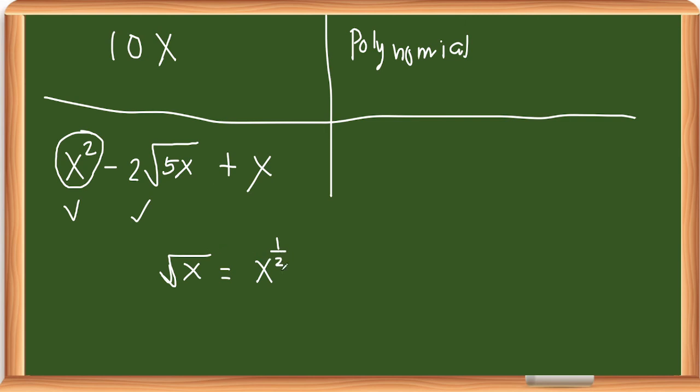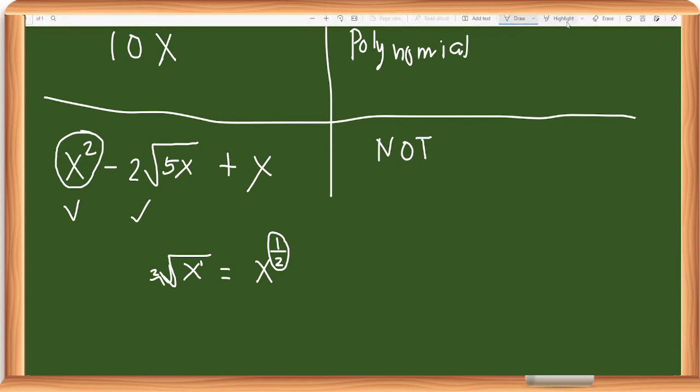This is actually the index. Here, you're getting the square root, and 1 is actually the exponent of the variable. Now, check. Is this a non-negative integer? Of course not, because this is a fraction. It should be a whole number. So, therefore, this is not a polynomial.